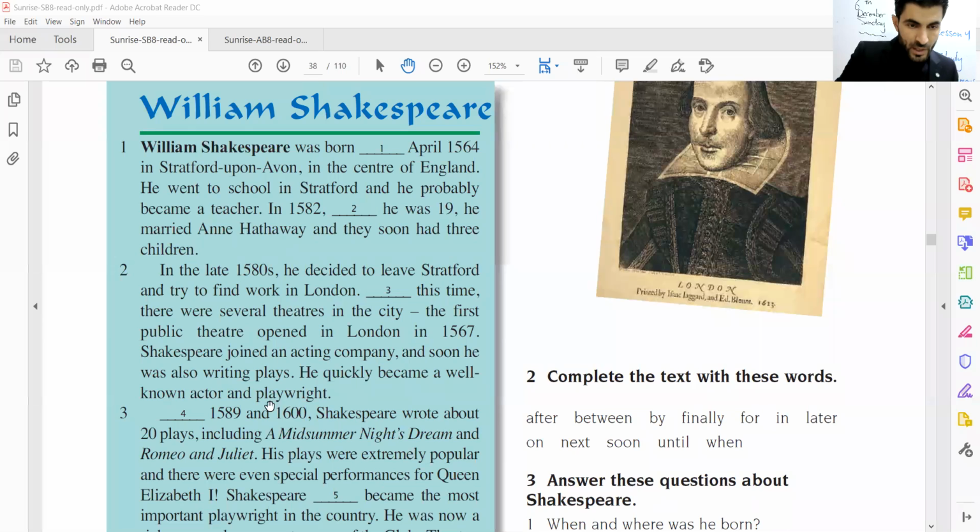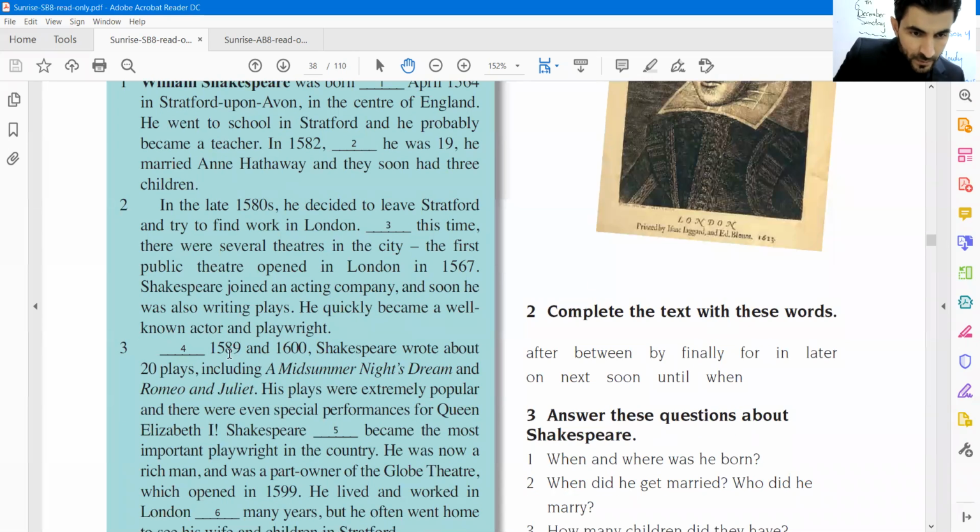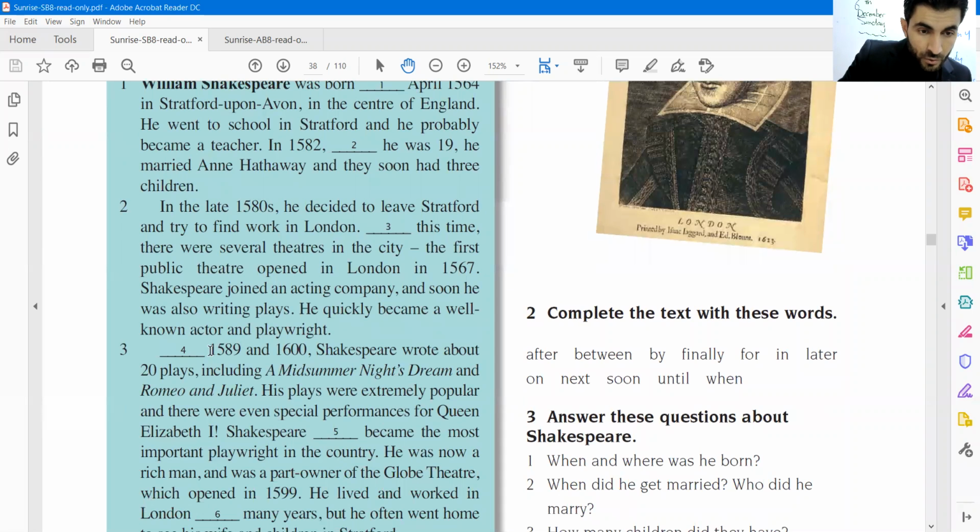So a playwright is a person who writes plays. Between 1589 and 1600, Shakespeare wrote about 20 plays, including A Midsummer Night's Dream and Romeo and Juliet. And his plays were extremely popular. Extremely means very.